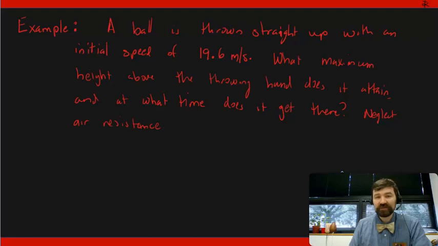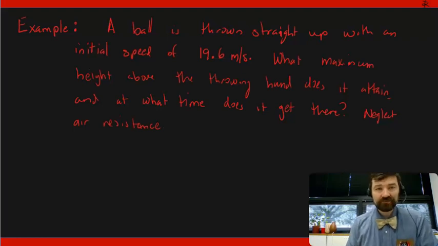There is the courtesy to neglect air resistance on here. Sometimes that's left off, in which case you assume you're neglecting it unless told otherwise. And the other thing that's generally assumed with these problems is that you are standing on the Earth somewhere when this happens, and so your free fall is 9.8 meters per second squared.